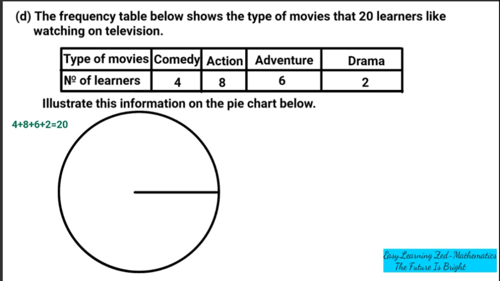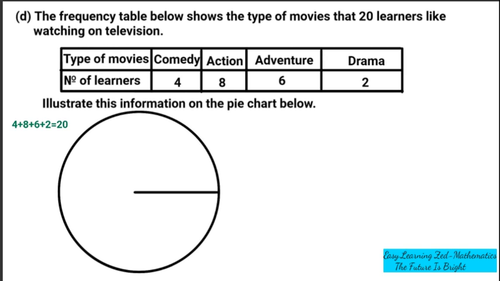Now we can start by finding the degrees of learners who love comedy. To present this information on a pie chart, we are going to convert these numbers of learners into degrees.